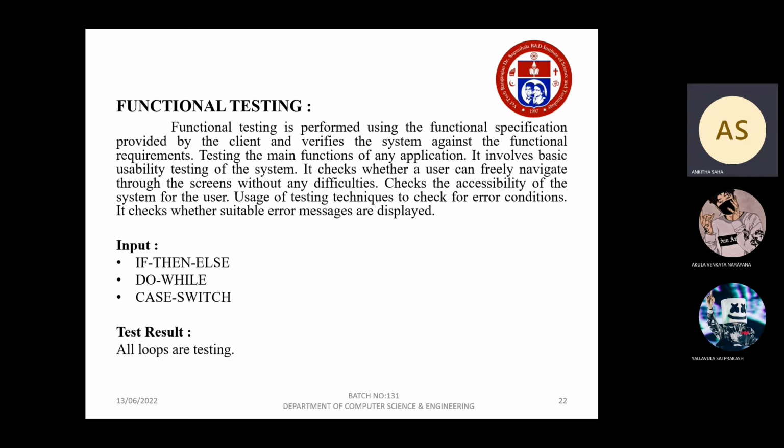It will check the accessibility of the software, and use testing techniques to check the error conditions. So the input is if then else, do while, case switch. These are the inputs, and the test result is that all loops are tested.